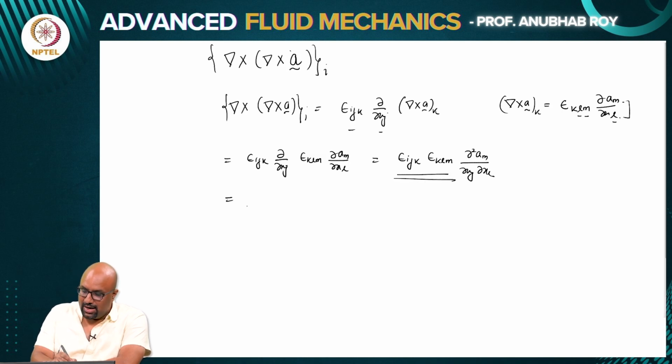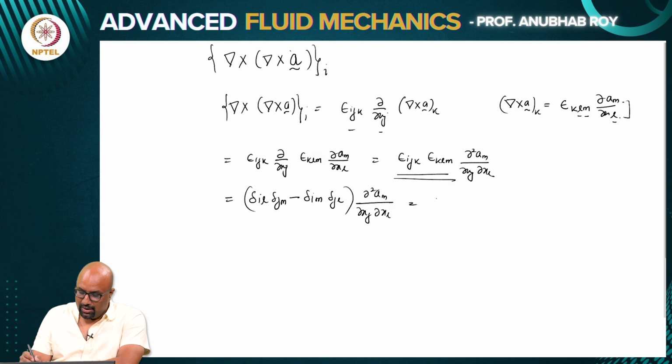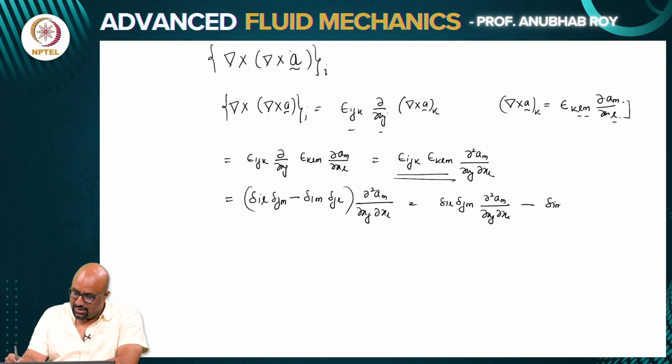The epsilon ijk epsilon klm is delta il delta jm minus delta im delta jl, and this then gives me, operating on the first term, delta il delta jm dou square am dou xj dou xl, and on the second term it is delta im delta jl dou square am dou xj dou xl.